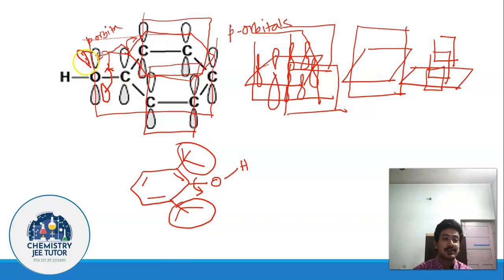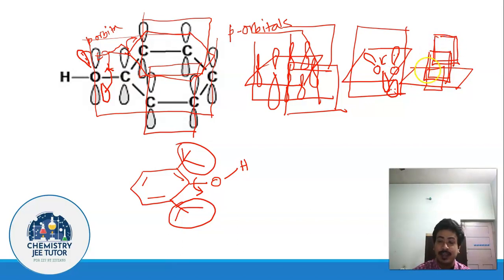Now you can see this orbital is not parallel with these p orbitals. Understood? So these p orbitals are still parallel to each other, but the p orbital of the oxygen atom which was taking part in resonance has now tilted a little bit, and so it has moved on to a different plane which is not parallel to the planes containing the other p orbitals.